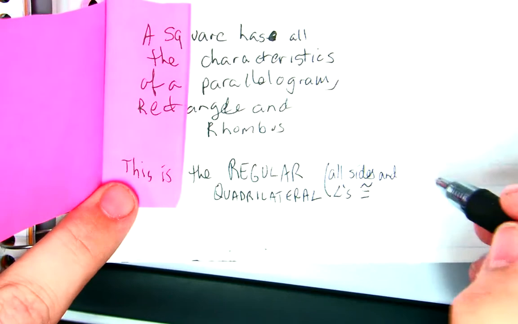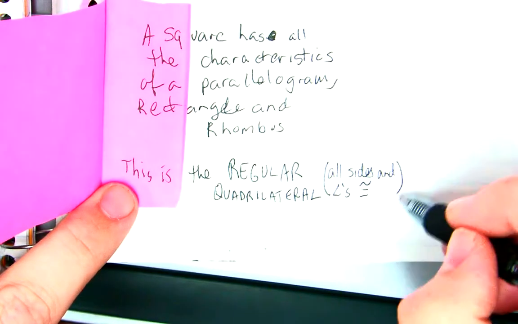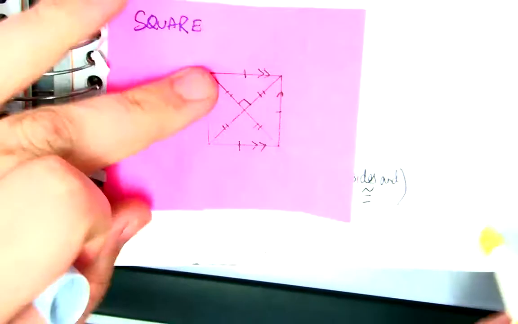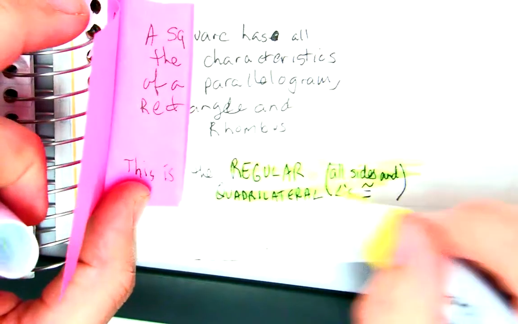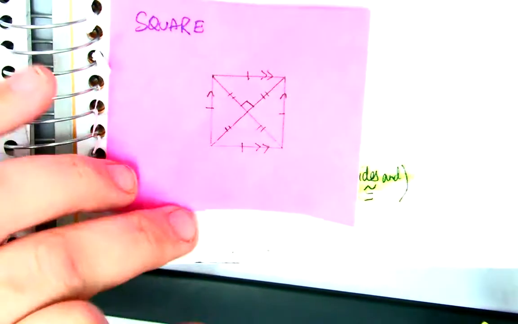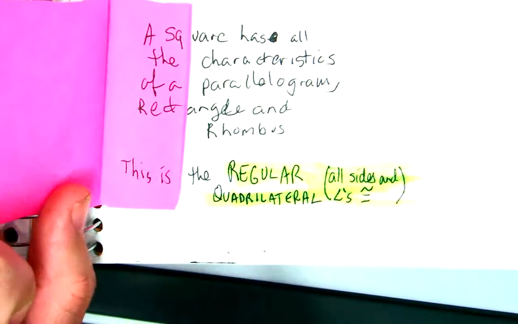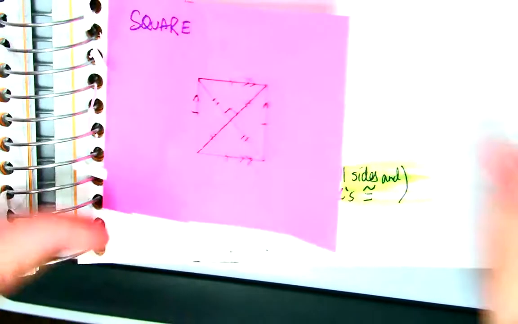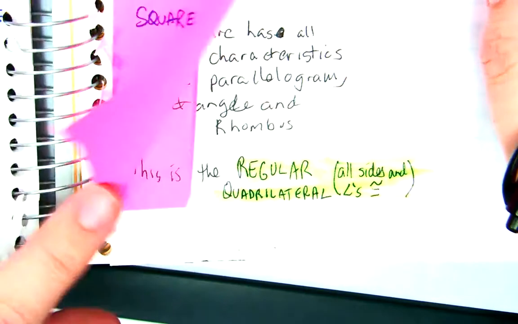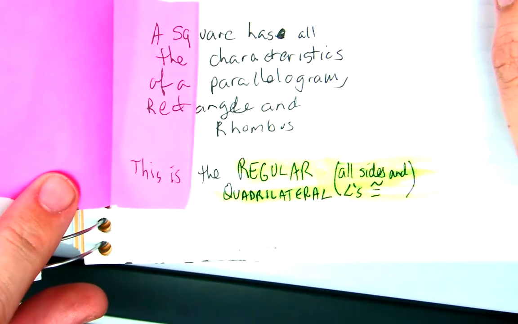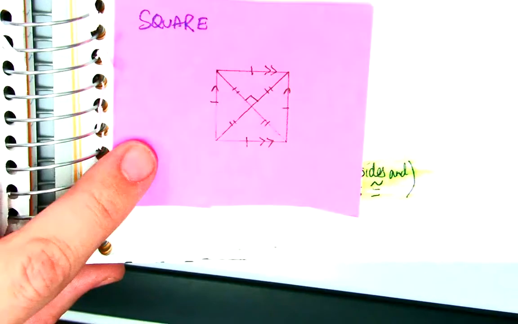All sides and angles are congruent. That's what regular means. It's so important that it doesn't even fit inside. I always say if a rhombus and a rectangle get married, they'd have a square, because it has everything that those do.